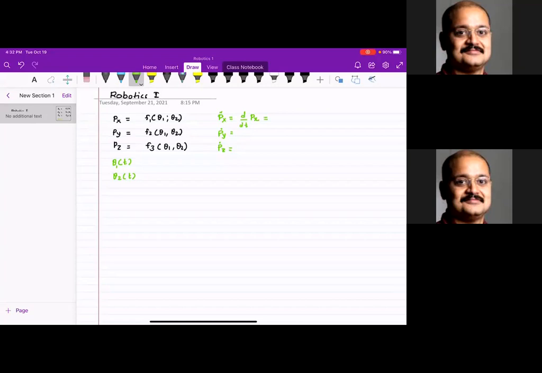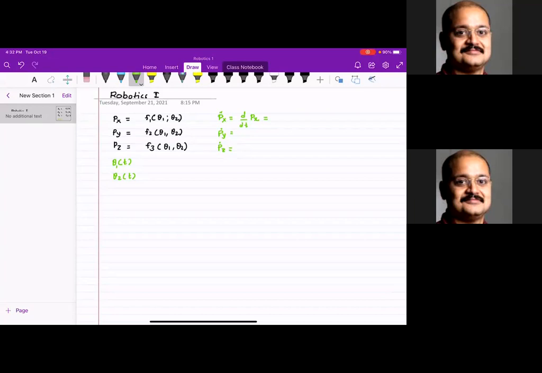What that means is since function f1 is dependent on two independent variables at this point, px, which is function f1, is a function of theta 1 and theta 2.